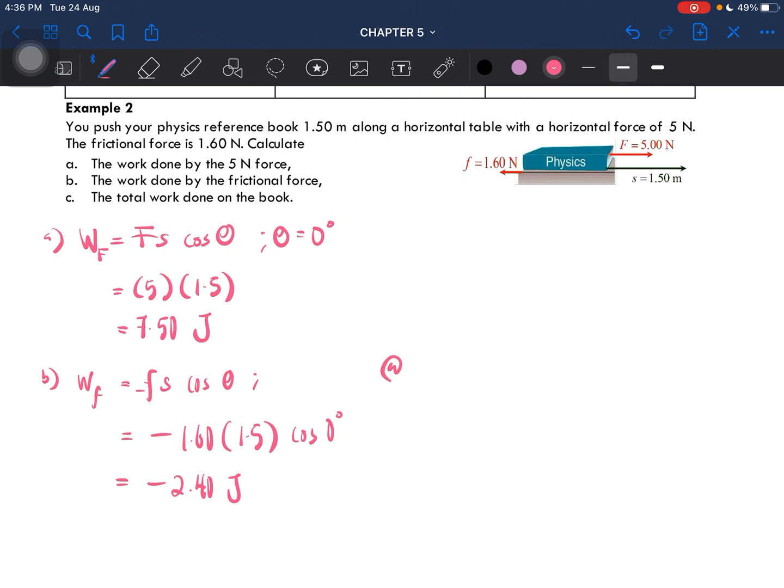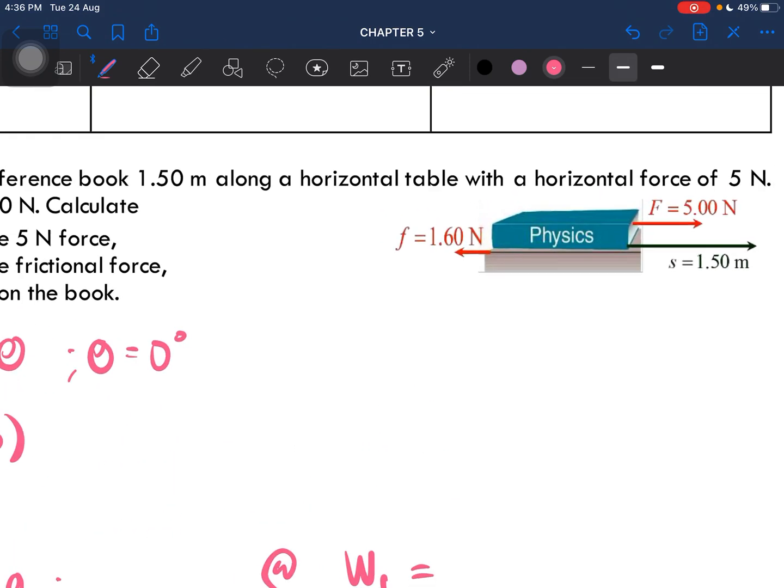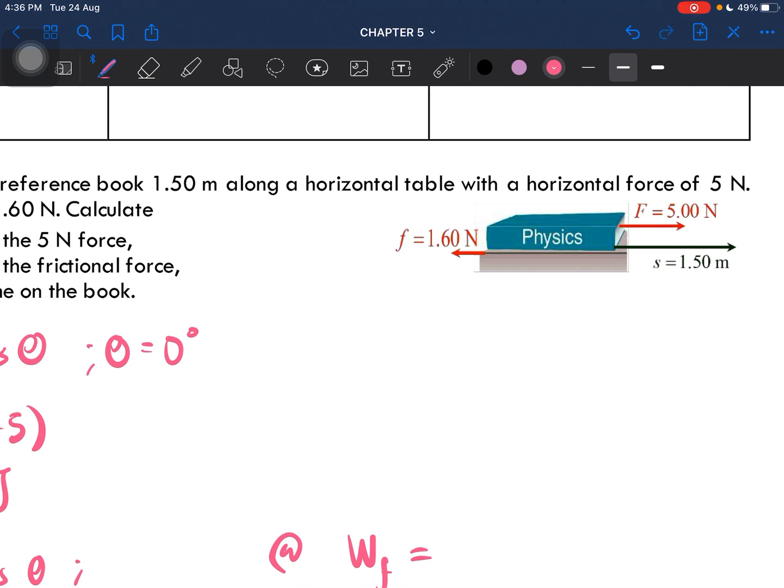Okay, so negative 1.6 times 1.5 is equal to negative 2.40 joules. However, there is a solution where you consider the angle. Okay, so imagine the angle is somewhere around here. Instead of the angle between S and F being equal to 0 degree, the angle between this F and S here becomes 180 degree.